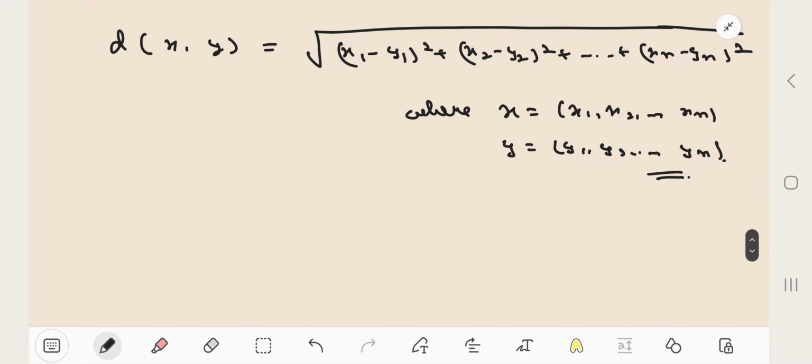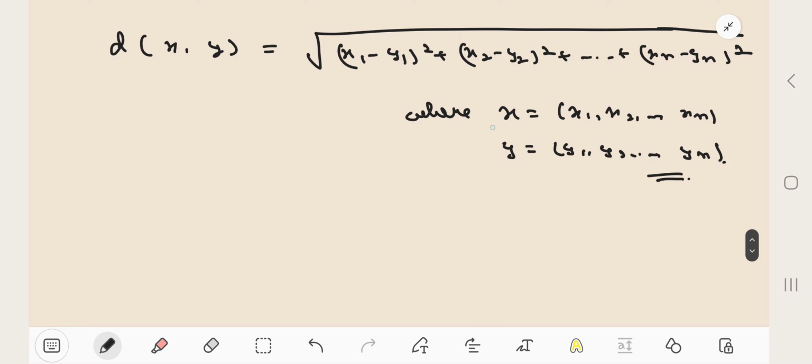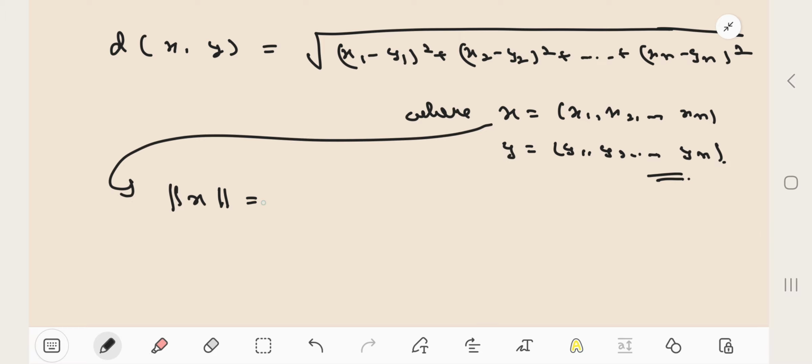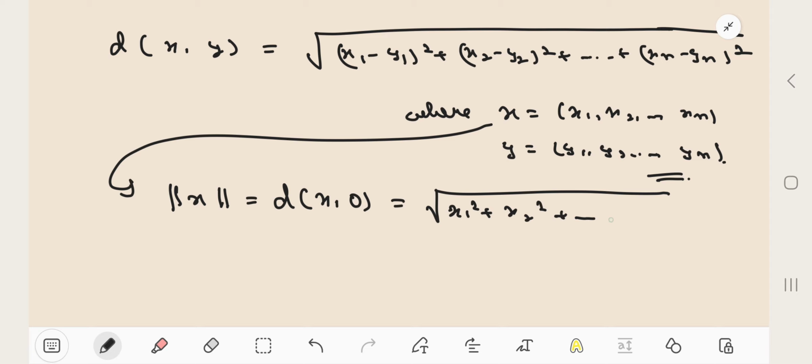Now if we talk about this definition in terms of a norm, as I said, norms are basically a generalization of the distance of vectors from the origin. So if I choose this x itself, I can define the norm of this as simply the distance of it from 0, and that will eventually come out to be the square root of x1 squared plus x2 squared and so on till xn squared.